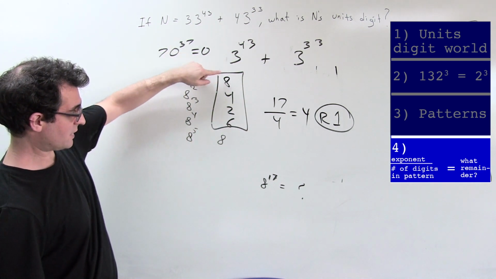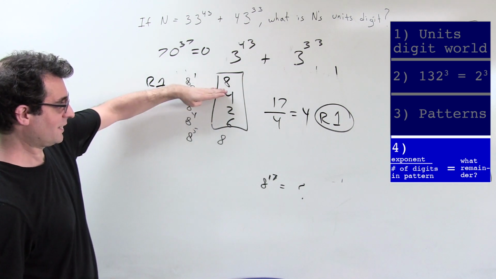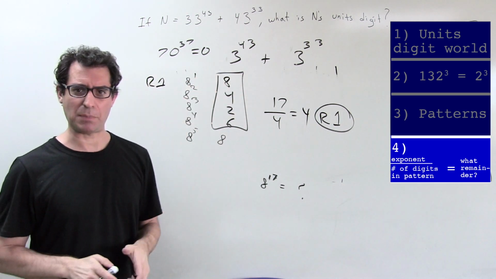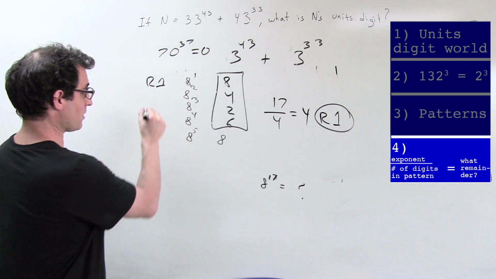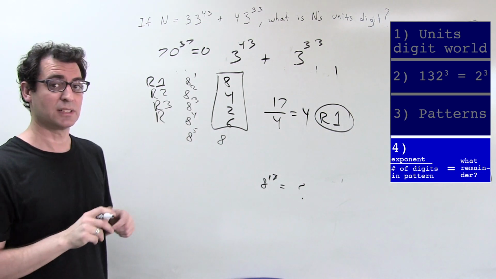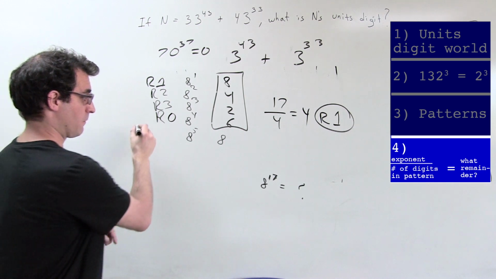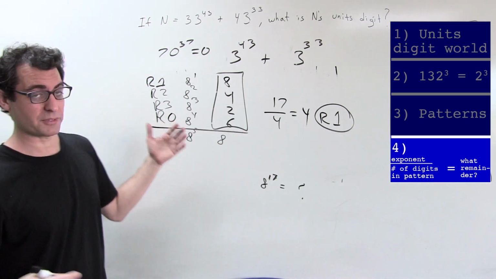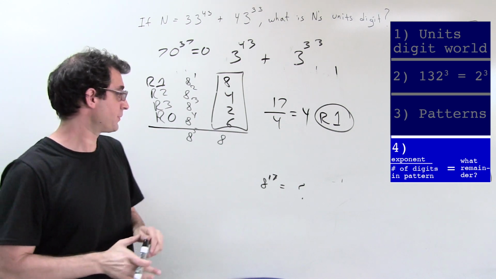Because we have a remainder of 1 at the very beginning, right? What's 1 divided by 4? 0, remainder 1. And then a remainder of 2, and then a remainder of 3, and then a remainder of 0. And those are the only options. When you're dividing by 4, the remainder has to be less than 4.